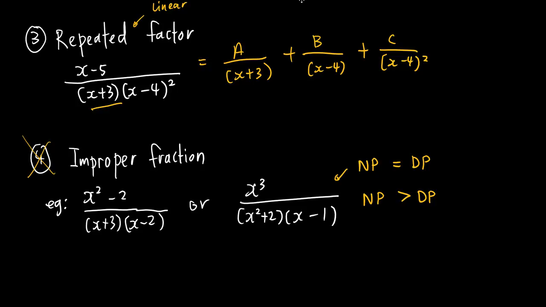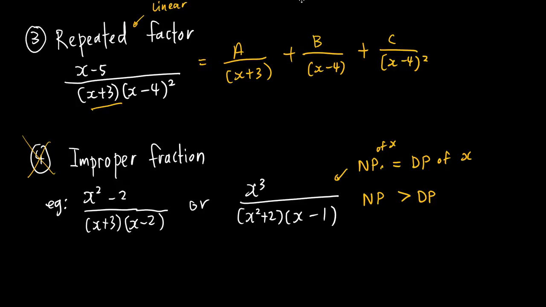When I say power, I mean the power of x. That means you can see the numerator power of x here is x squared. The denominator, after you multiply, is x squared also, right? It's x squared. So basically they are equal, then it's an improper fraction.